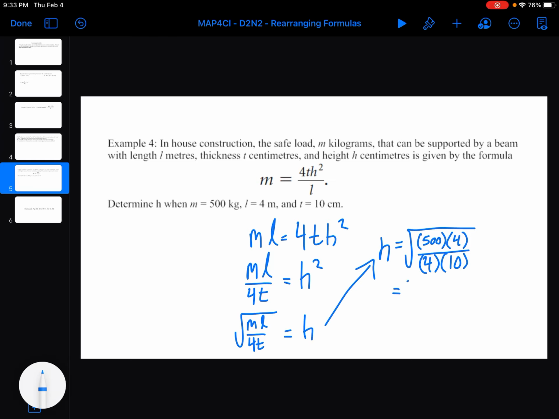And we're going to get 7.07, approximately. So that is 7.07 kilograms, because that's what we're looking at. The safe load, or sorry, no, we were trying to find the height, excuse me. That's the height in centimeters. Okay, so the beam can be a height of 7.07 centimeters.